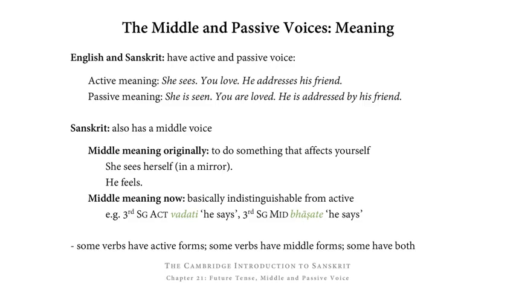Sanskrit, in addition to active and passive, also has what we call a middle voice, and in English grammatical terminology, the term middle was chosen because originally the middle voice had a meaning that was in the middle of active and passive. And that meaning originally was doing something that affects yourself.